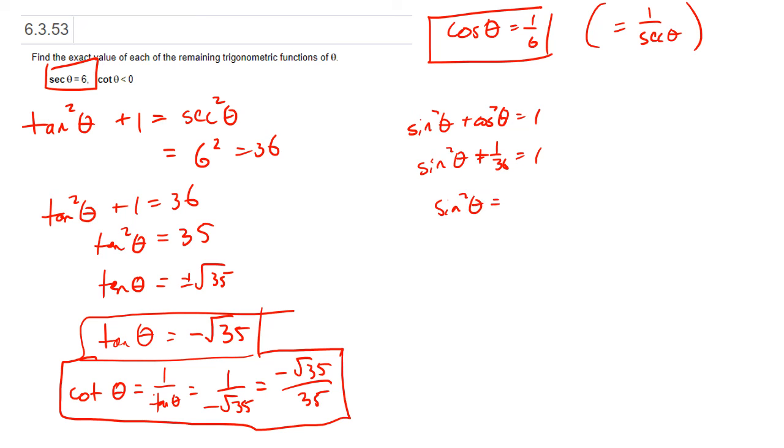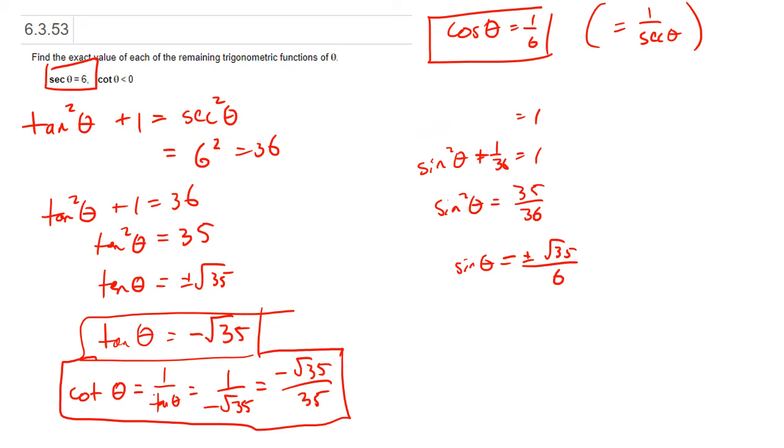Sine squared theta equals 35 over 36. So sine theta is plus or minus root 35 over 6 when you take the square root. Then you'd say, well, how can I tell whether this is positive or negative? Cosine is positive, cotangent is negative, and cotangent is just cosine over sine. So since cosine is positive, sine had better be negative. That's one thing we could do.